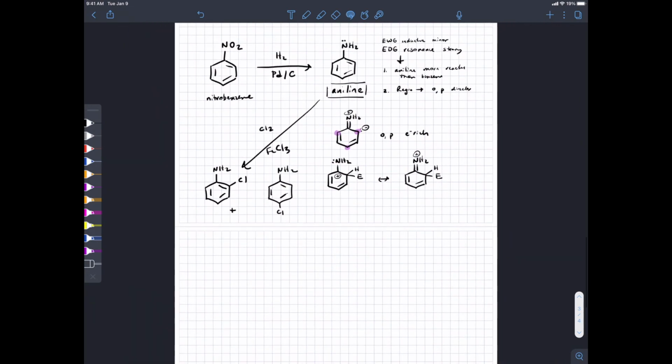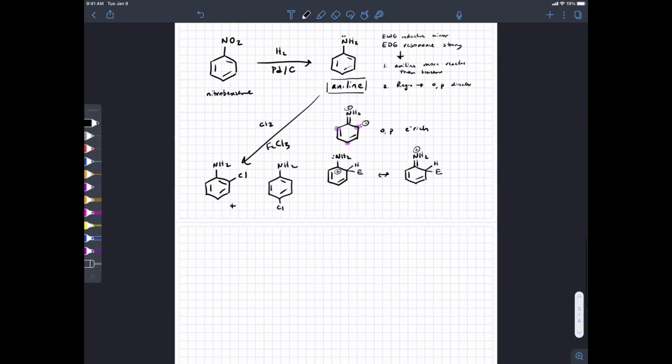So this reaction actually allows us to think a little bit strategically in synthesis. What if I told you I wanted to make this as a product? And I wondered what the starting material was and how you got from that starting material. Well, actually, I'll tell you what the starting material is.